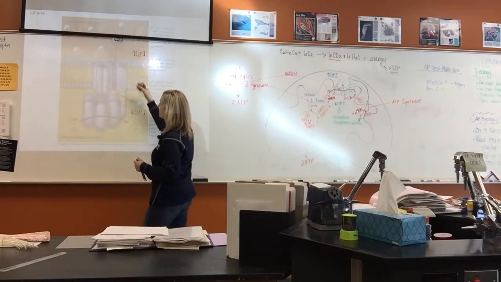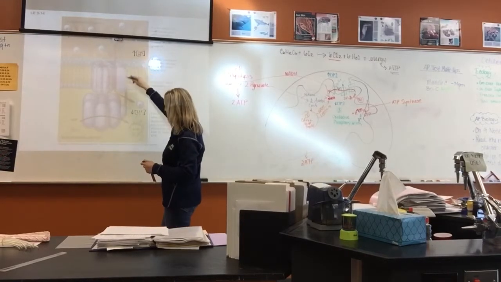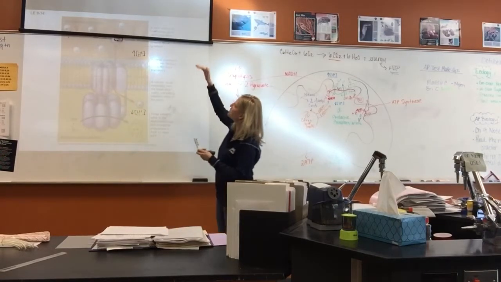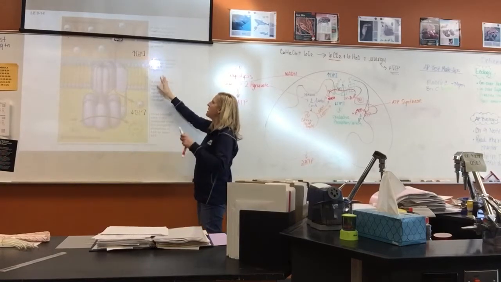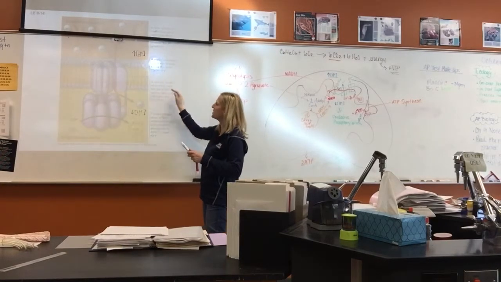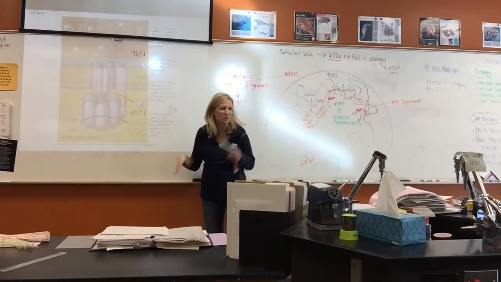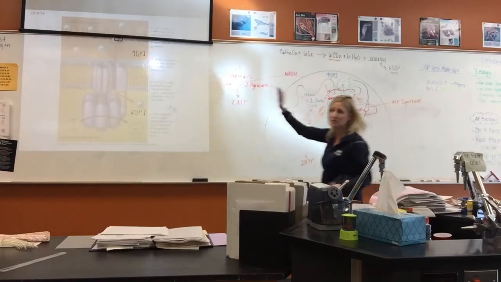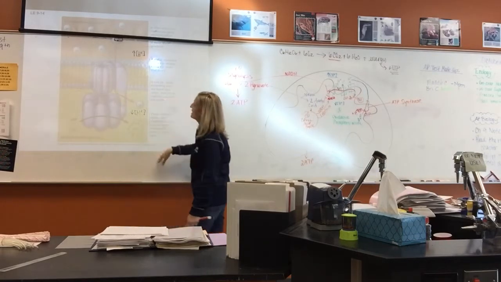And so this is diffusion, so there's no energy here. And so when these diffuse through, it changes the shape and it gives you specifics as far as how, as a stator anchored in the membrane that holds the knob stationary, and then as the H pluses go through, it spins and so on. You don't need to know the logistics of it. What you need to know is just that it changes shape. All right, you can know the logistics of it if you'd like to, but you won't be tested on that. It's not on the AP test.